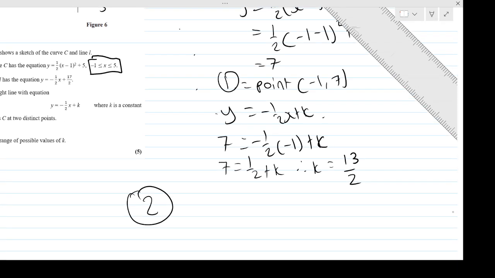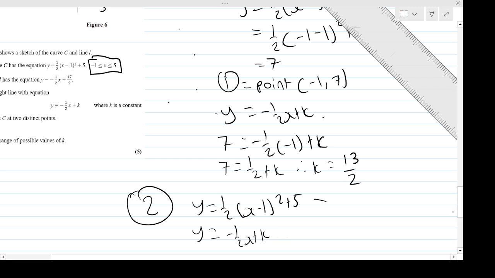Well, we're not going to just do the discriminant of this curve; it's particularly when the line crosses the curve. So we have y is a half x minus 1 all squared plus 5, and y is minus a half x plus k. That's your line, as we vary k, as k goes down or up.